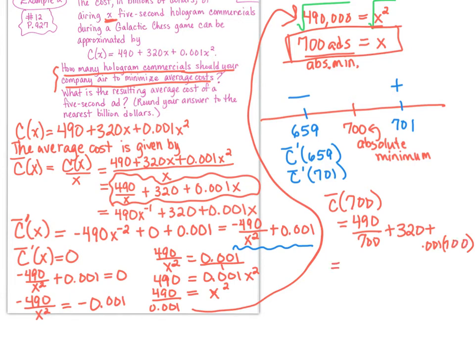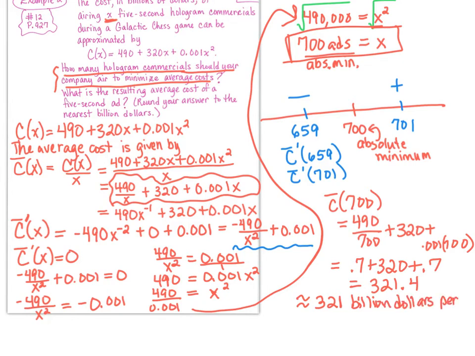Then we get about 0.7 plus 320 plus 0.7, which gives us 321.4, or approximately $321 billion per ad. That's expensive, okay? But that's it. That's the resulting average cost of a 5-second ad.